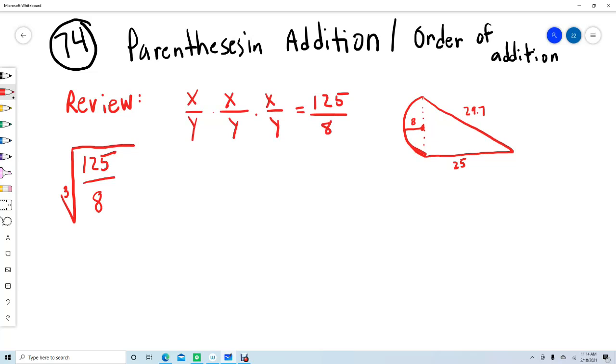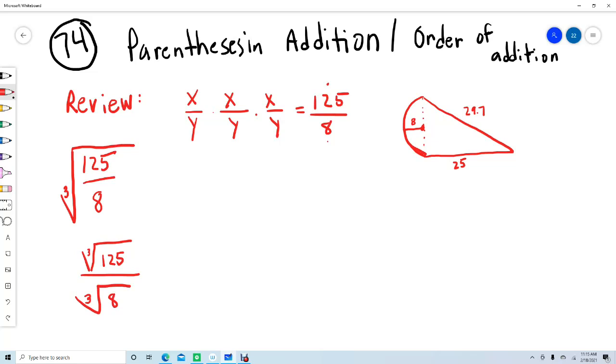In fraction multiplication, we multiply the numerators to get our numerator in the answer, and then we multiply the denominators to get our denominator. So what it actually amounts to is the cube root of 125 over the cube root of 8. We've already done these problems.